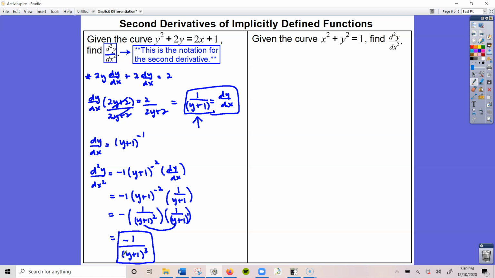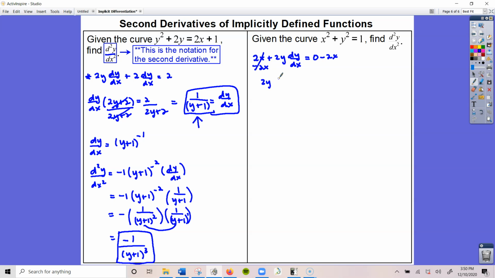Let's try that one more time. Given the curve x squared plus y squared is equal to 1, find the second derivative. So let's find the first derivative, which is 2x plus 2y dy dx is equal to 0. We're going to subtract the 2x over to the other side.